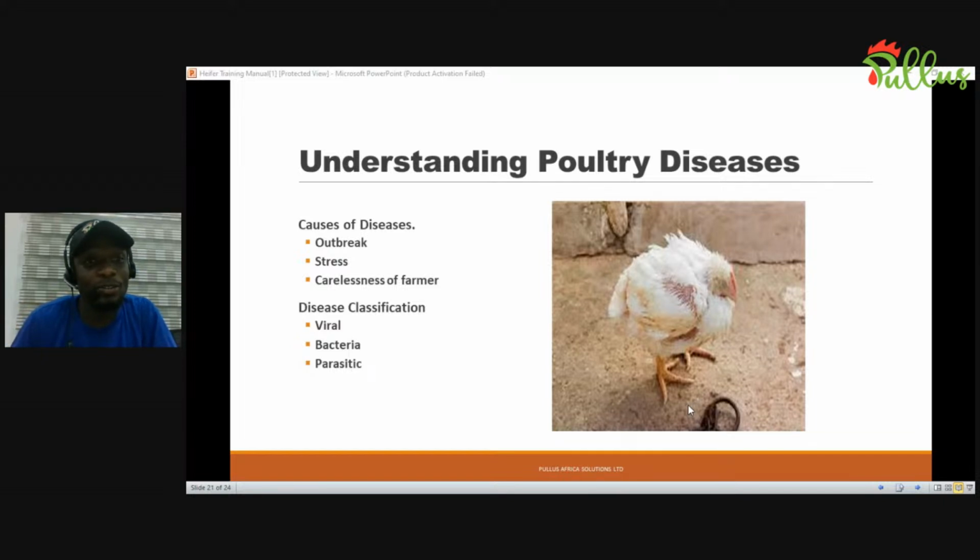And you can see how that could affect the birds. That is like a breeding site, an area where microorganisms are having a party every day. So if you have that kind of situation close to your pen or your cage, you can easily transmit diseases to your birds.